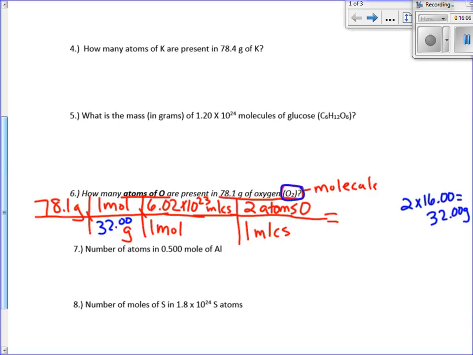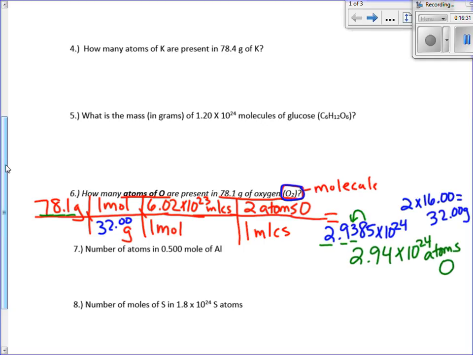So I'm getting 2.9385 times 10 to the 24th. And we keep 3 sig figs, 1, 2, 3. So I'm going to round up that 3 to a 4. 2.94 times 10 to the 24. Now it's atoms. O, just atoms of oxygen.